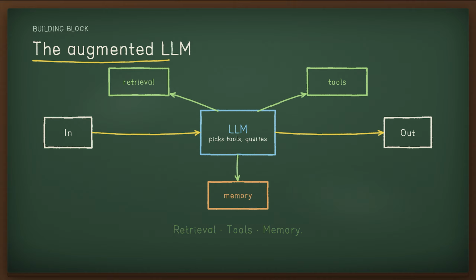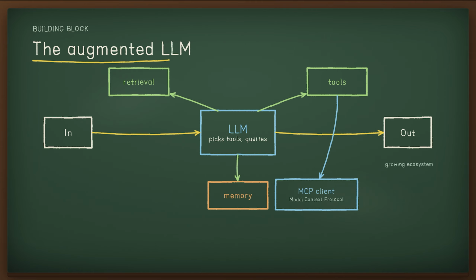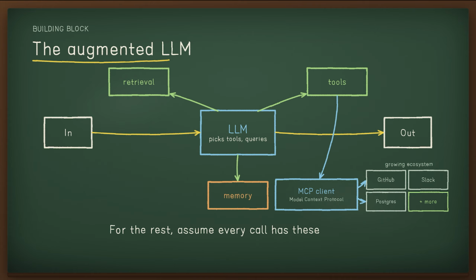Two things matter here. Tailor these capabilities to your use case and give the model a clean, well-documented interface to use them. One option is the Model Context Protocol, which connects you to a growing ecosystem of third-party tools through a simple client. For the rest of the video, assume every model call has these augmented abilities.